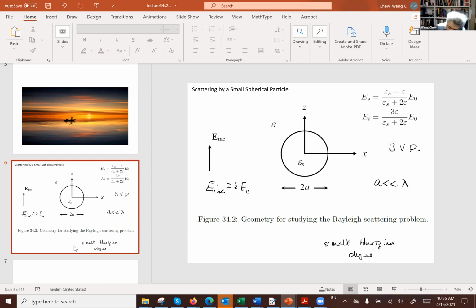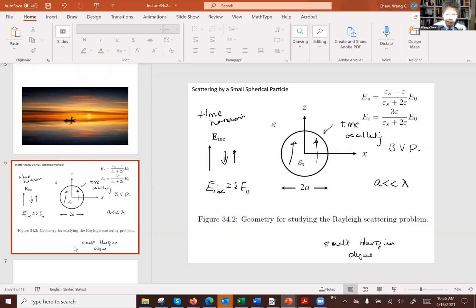And if this electric field is time varying, going back and forth like this, then this dipole would also be time oscillating. And because it's time oscillating, it will radiate.